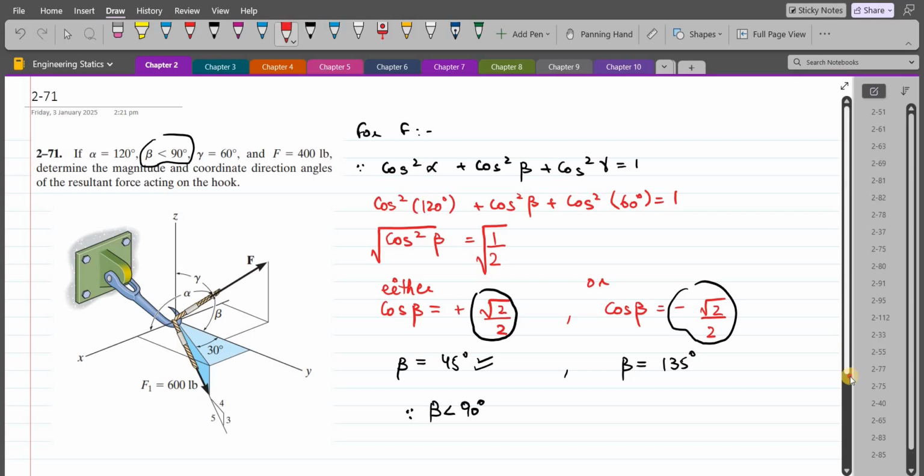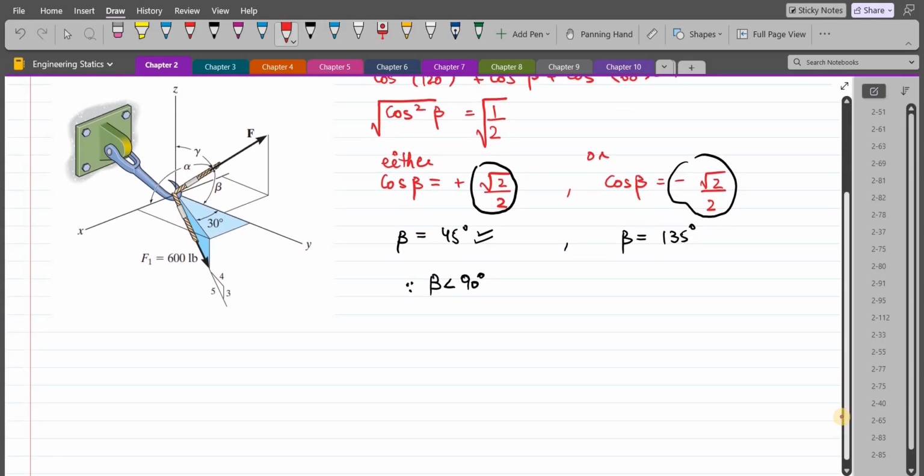So force F in Cartesian vector form can be written as F cos alpha i plus F cos beta j plus F cos gamma k.